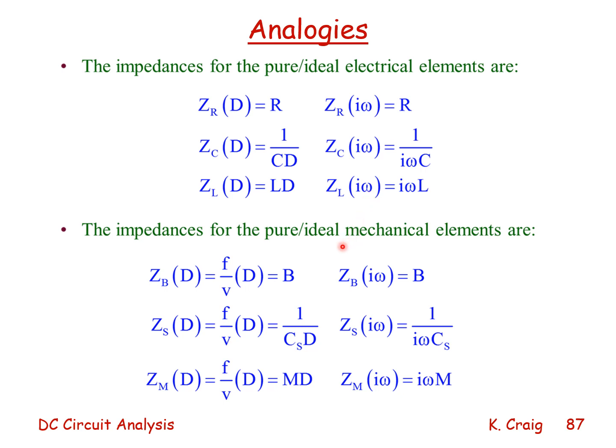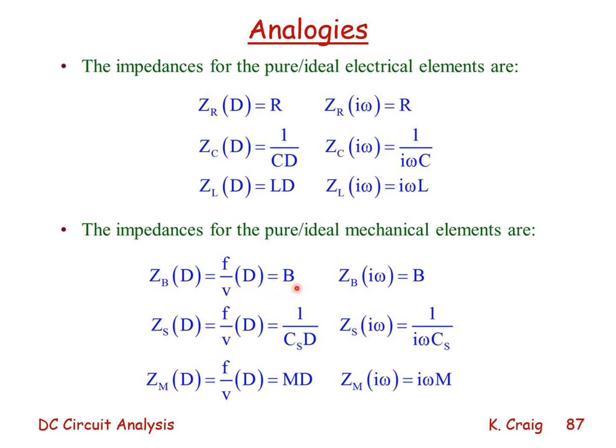Similarly, impedances for pure and ideal mechanical elements, as we will learn. A resistor is equivalent to a damper in that all energy is dissipated. And impedance for a mechanical system is force divided by velocity, while impedance for an electrical system is voltage divided by current. So here, just as for a resistor, the impedance of a viscous damper is independent of the differential operator.